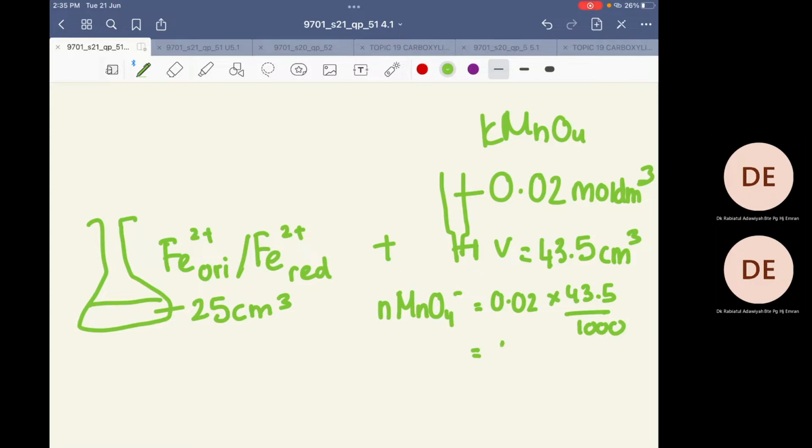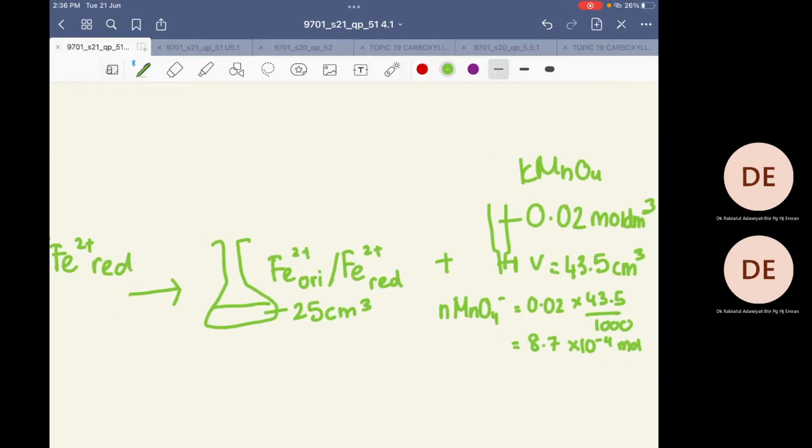Is it 8.7 times 10 to the power of minus 4 mole? Okay, that's manganate. I want to know the number of moles of Fe2+, both ori and reduced. How do I find the number of moles of Fe2+? Mole ratio, good. It is 5 times the number of moles of manganate ion. Yeah? So times 5, 4.35 times 10 to the power of minus 3 mole.